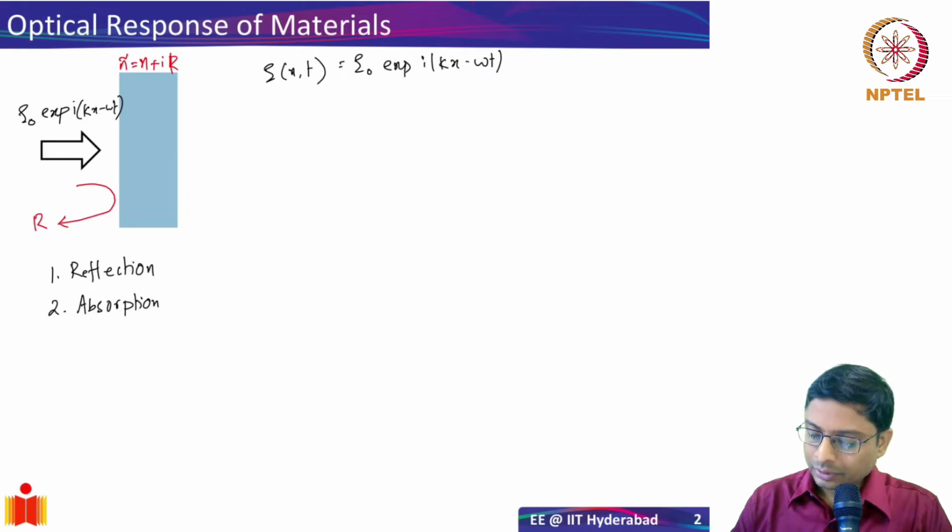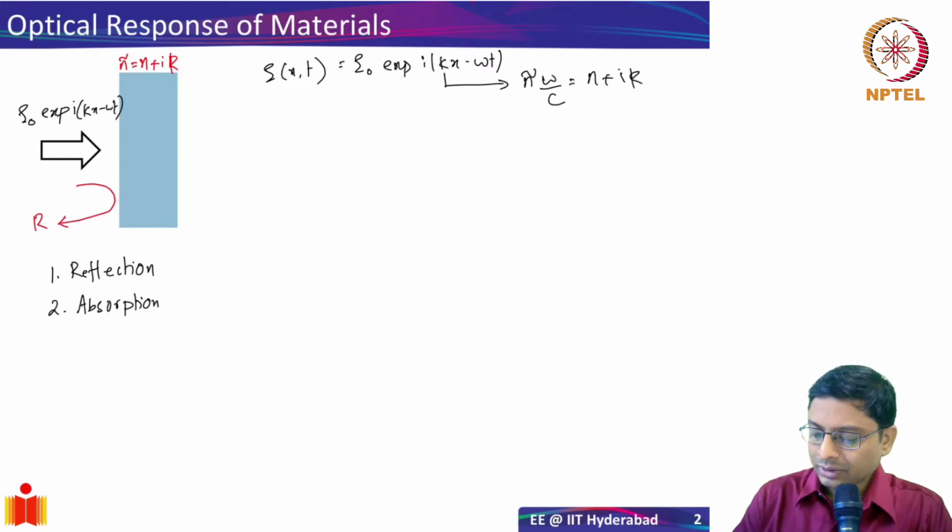So k is going to be n tilde omega by c. If there was no medium, then we saw the dispersion relation was omega equal to ck, so k would be omega by c, but because of the presence of the medium, we will say that k is n tilde omega by c. That essentially means that there is this complex quantity n times omega by c.